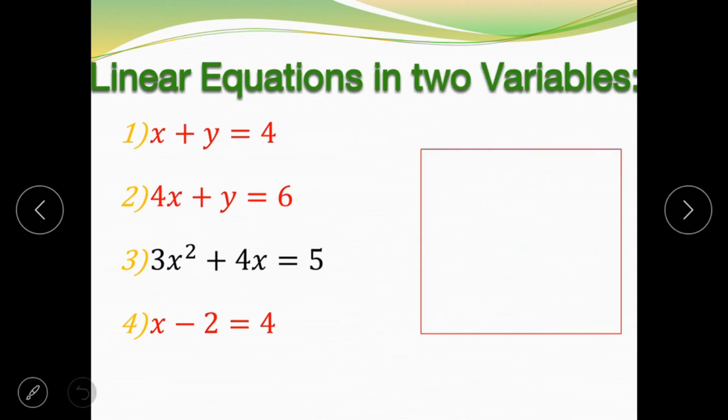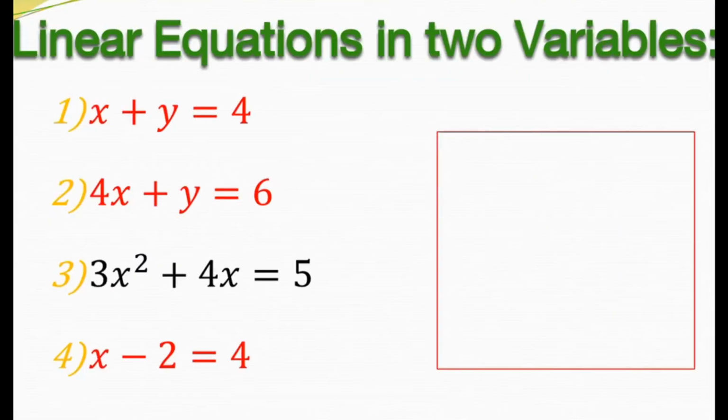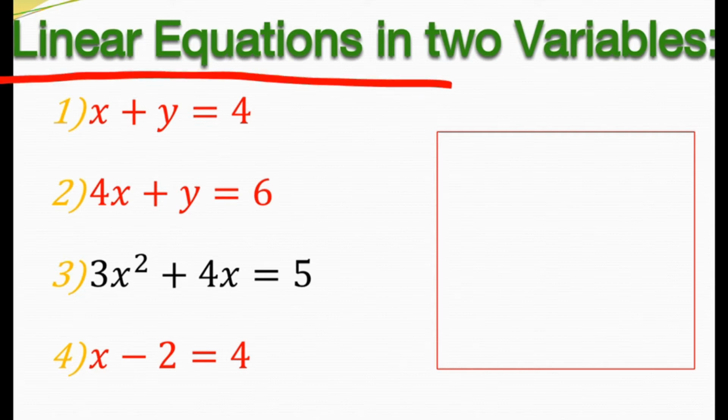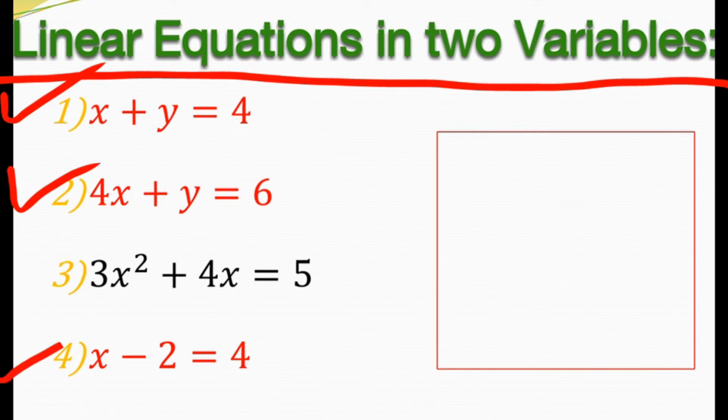Now we see what is a linear equation in two variables. Here, if you observe example 1, example 2 and example 4, these are linear equations, and example number 3 is not a linear equation.